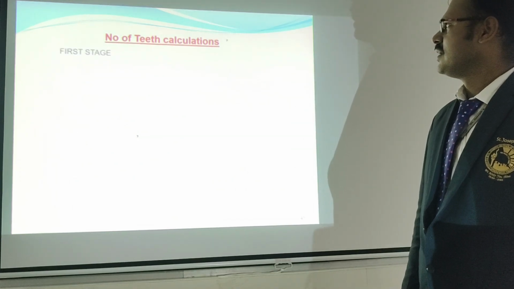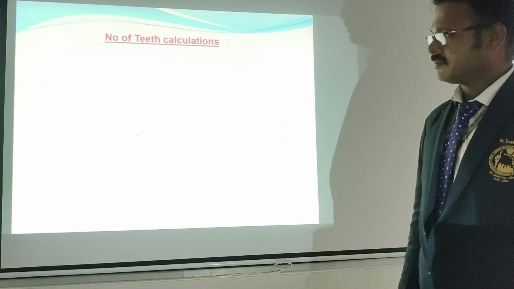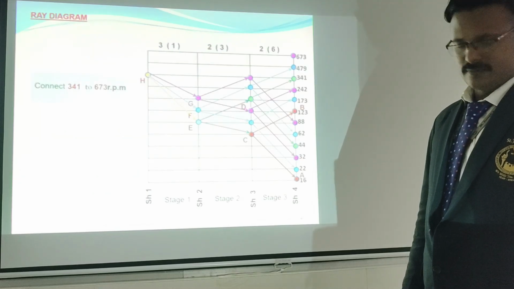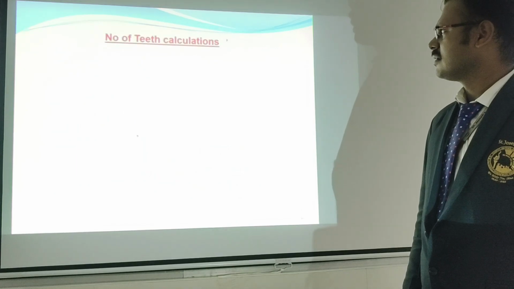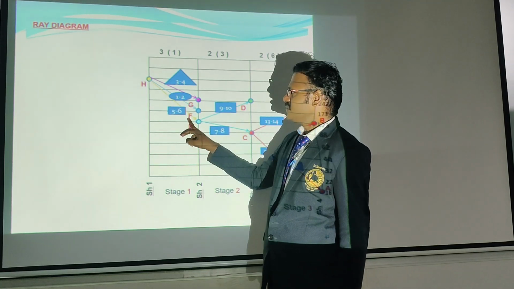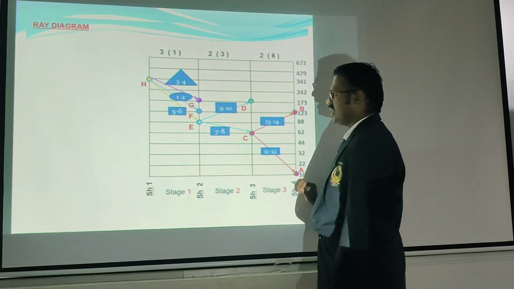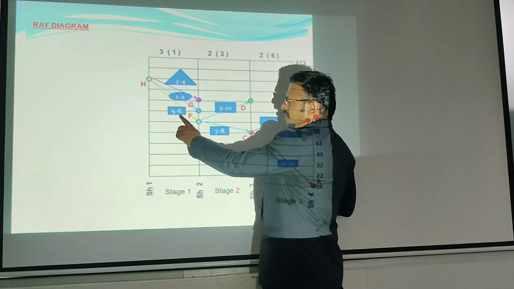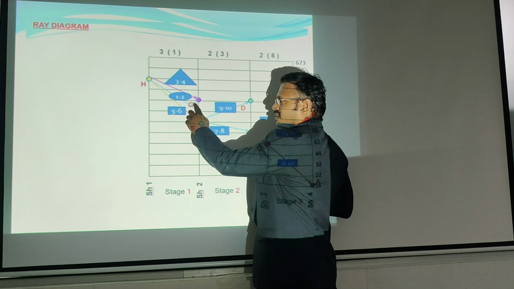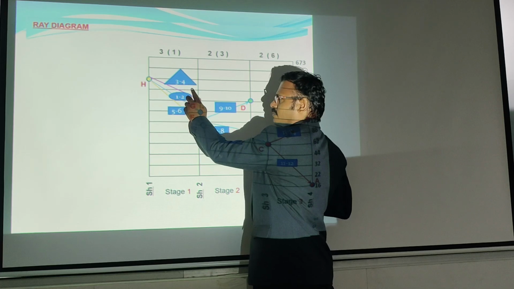Then in the first stage I have to see the first pair, second pair, third pair. If you see the kinematic diagram, in the first stage the first pair is 5 to 6, the second pair is 1 to 2, the third pair is 3 to 4. So now I have to use N5 by N6 equals Z6 by Z5, then N1 by N2 equals Z2 by Z1, and N3 by N4 equals Z4 by Z3.